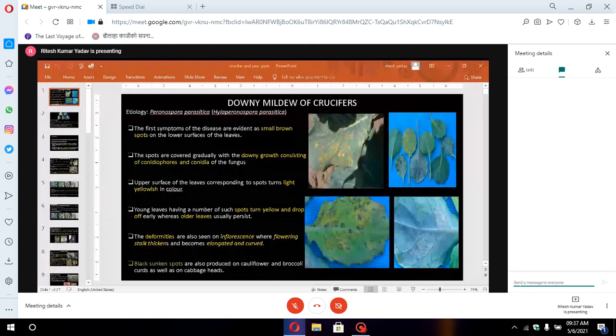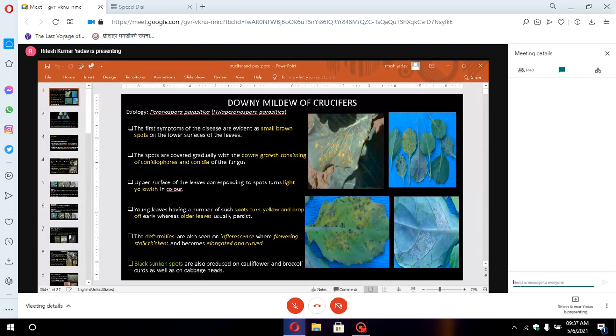So most of the things are similar to downy mildew of cucurbits. Also, it is systemic, but unlike downy mildew of cucurbits, in this case, angular spots are not formed. The spots are not usually angular. Another important thing is that the initial symptoms are always seen on the lower surface of the leaf as small brown spots, and that is further followed by some yellowish or chlorotic spots on the corresponding upper surface.